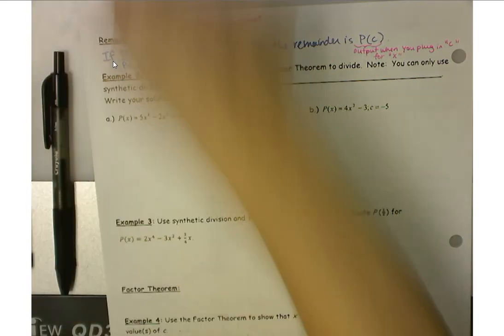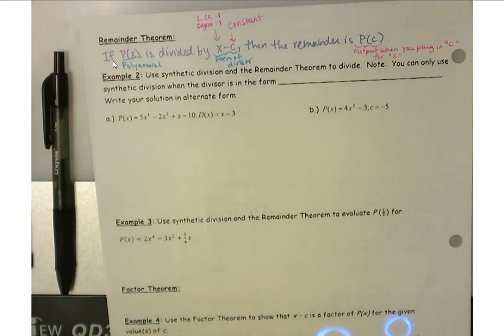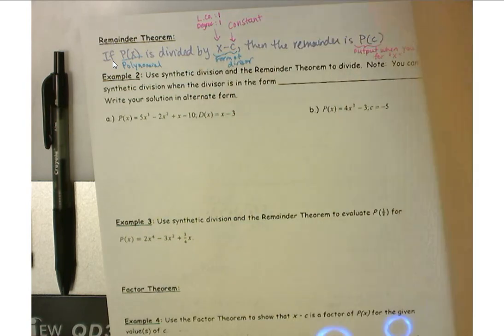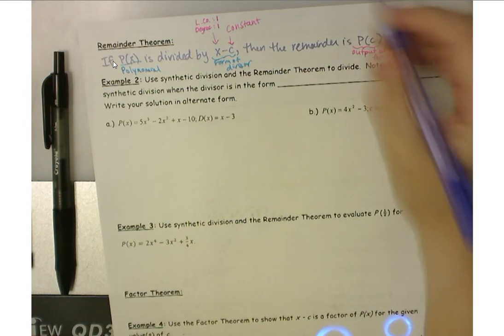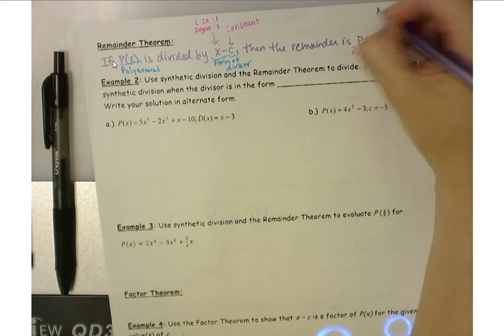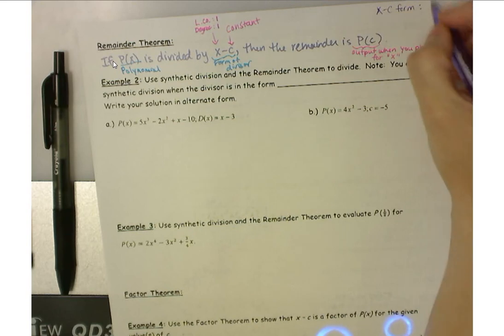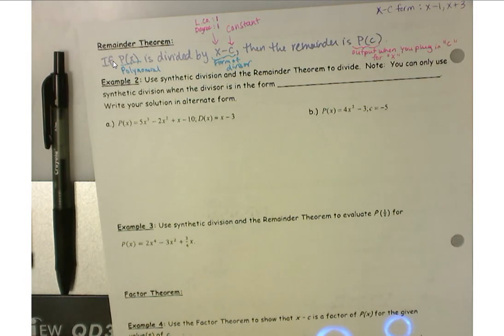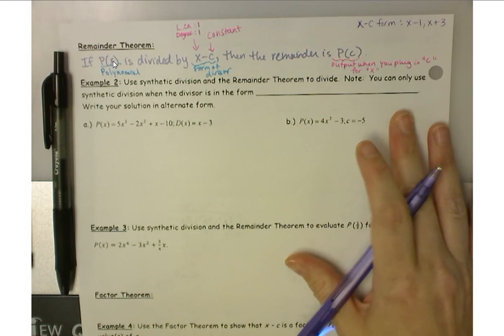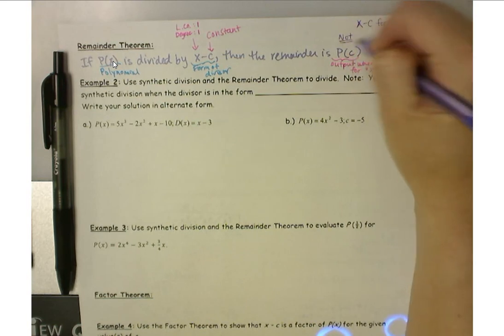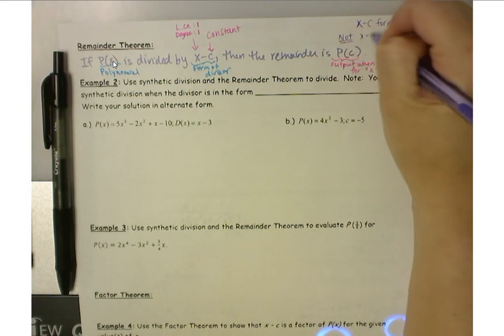Now, let's go over just some quick examples of this form. We'll write them down in the corner. Okay, so if you have x minus c form, an example of that would be like x minus 1 or x plus 3. Okay, those are two examples. We're going to do two examples of not x minus c form.